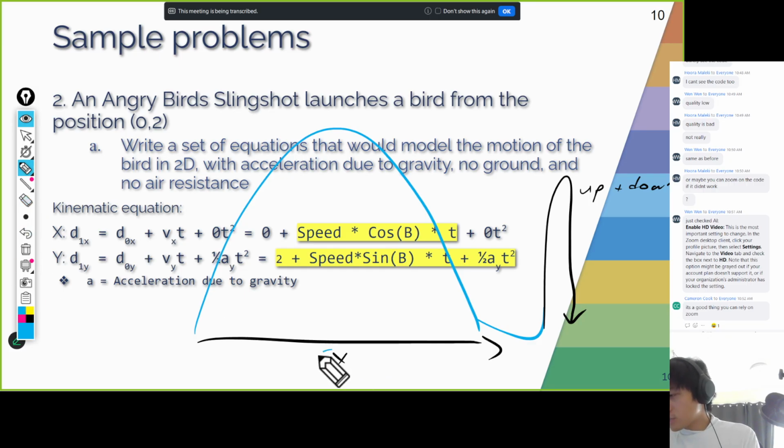Okay, so what does the x direction look like here? We're launched from the sky. We have no acceleration in the x direction, because acceleration due to gravity only applies up and down. That's our gravity.